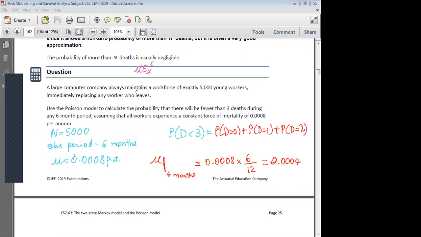The expected value of death should ideally be the number of workers times the mortality rate.